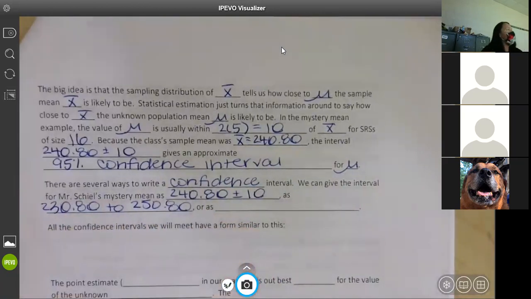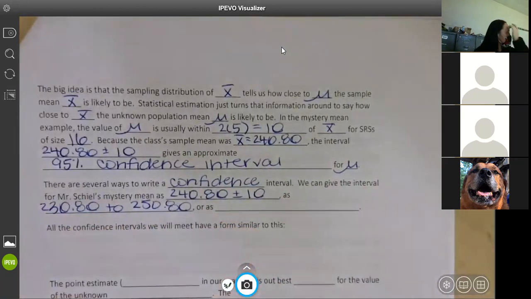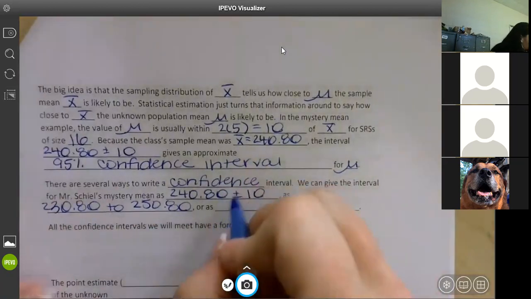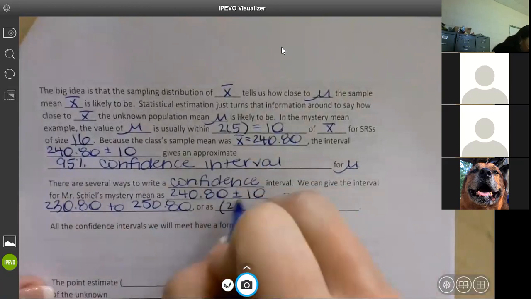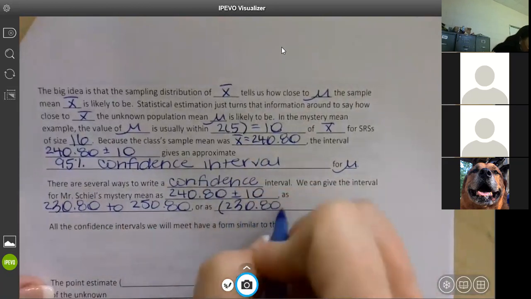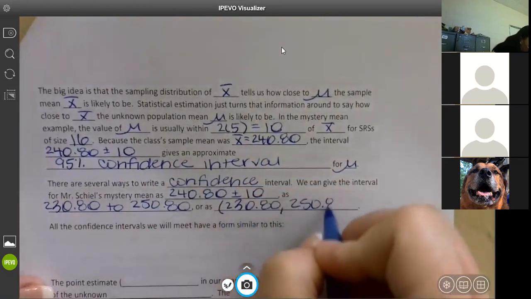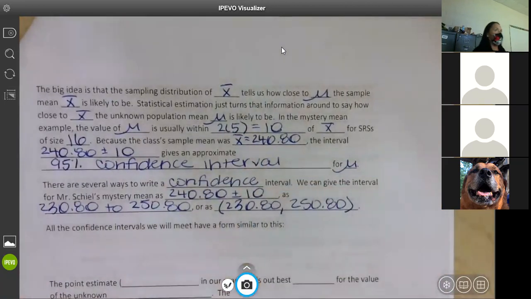So that's one way. When you write your confidence statement, you can write it like this, or you can write it as a coordinate, 230.80 comma 250.80. I do not care. I typically just write 230.80 to 250.80. It's the same thing. It doesn't take any more to write.